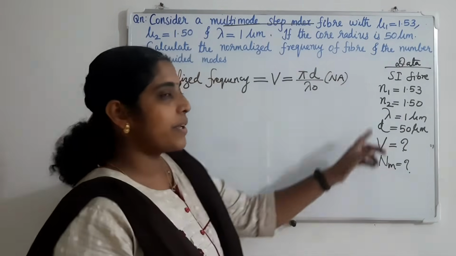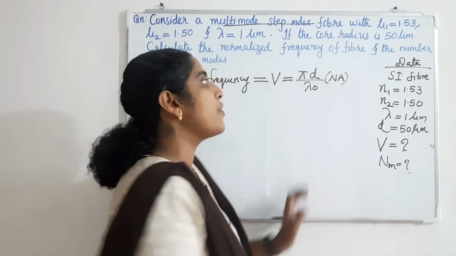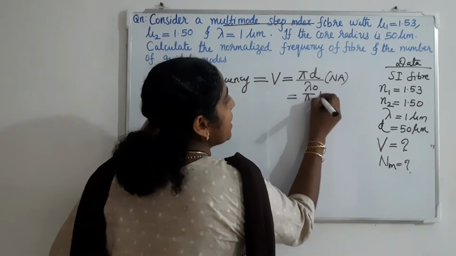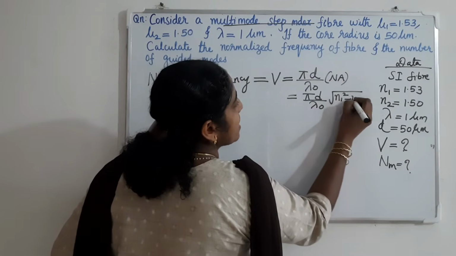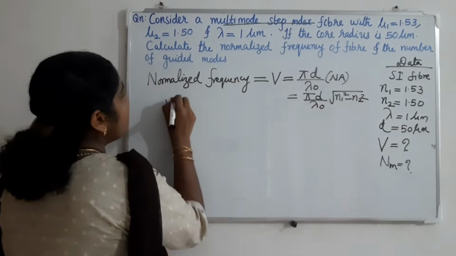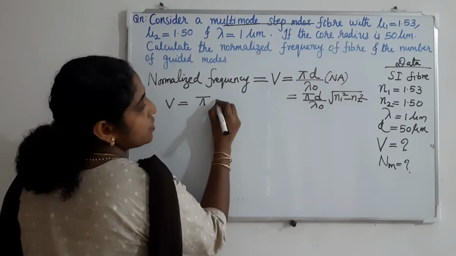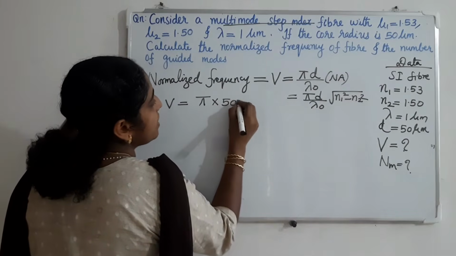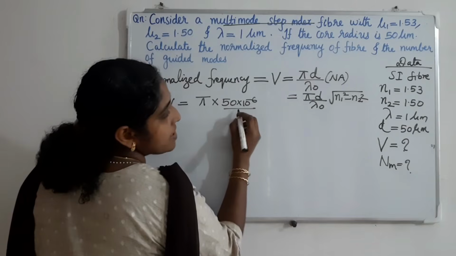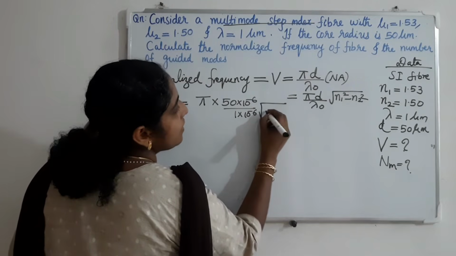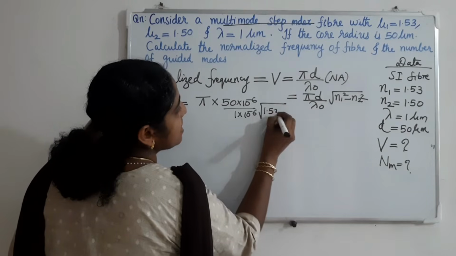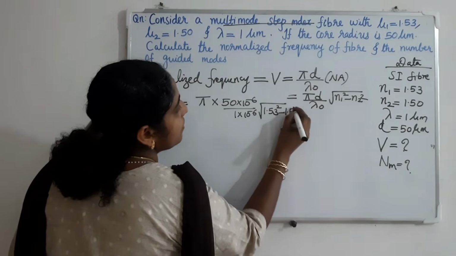Here, to find the numerical aperture, the refractive indices of core and cladding are given, so V is pi d by lambda 0 into root of n1 square minus n2 square. That is V equal to pi into 50 micrometer divided by 1 micrometer into root of 1.53 square minus 1.5 square.